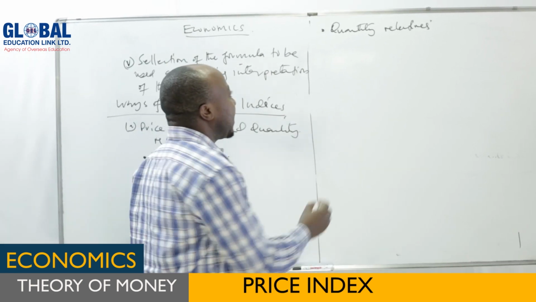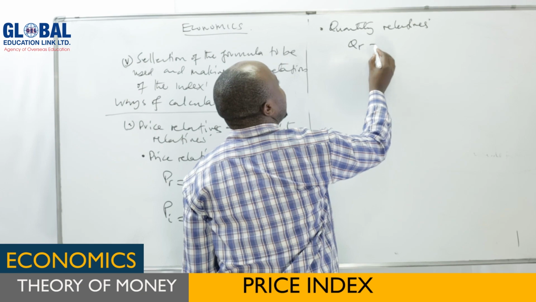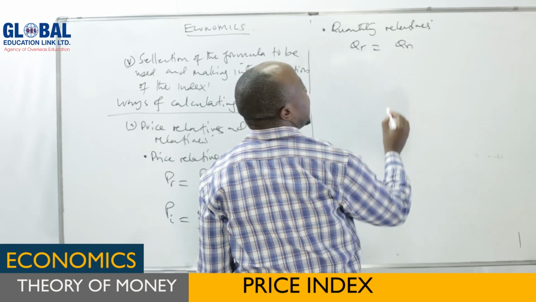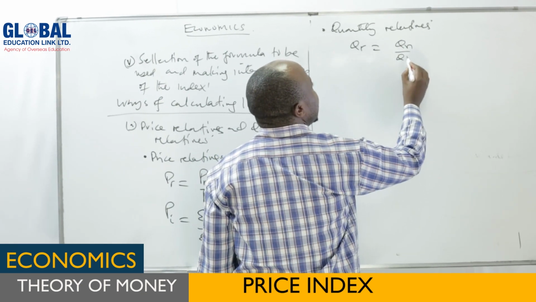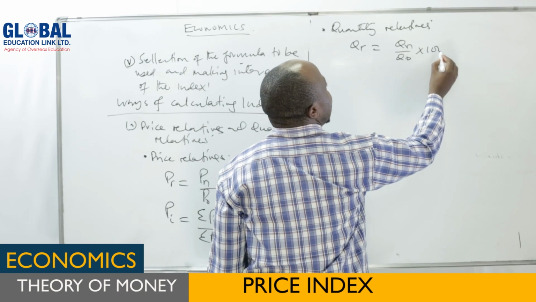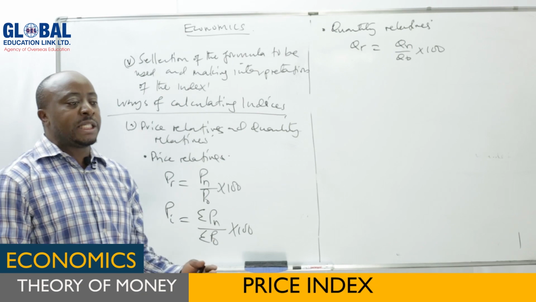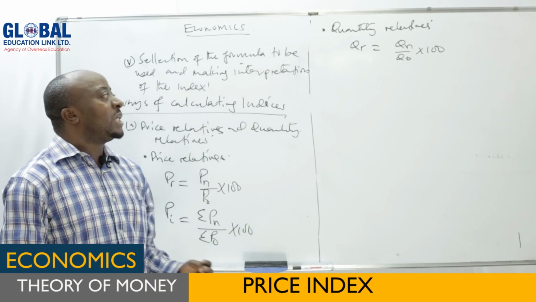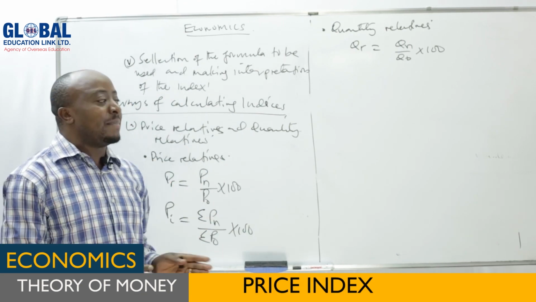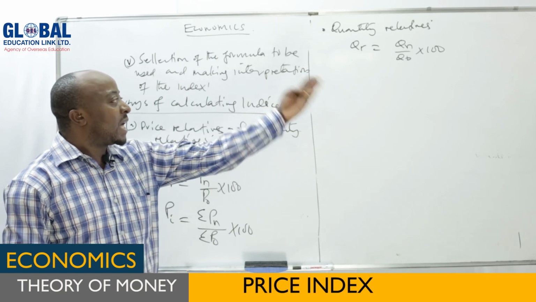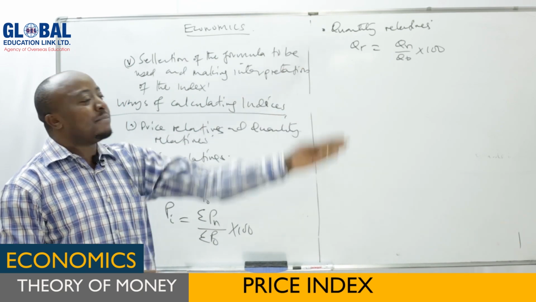So you can say, for example, quantity relative equals quantity in the current year over quantity in the base year times 100. Again here, when you have been given quantities of a single commodity or a single item, there is no need of making summation. So just take the quantity of the current year over the base year times 100.